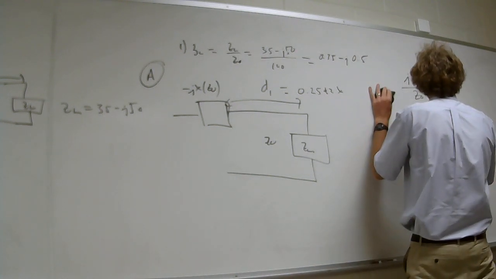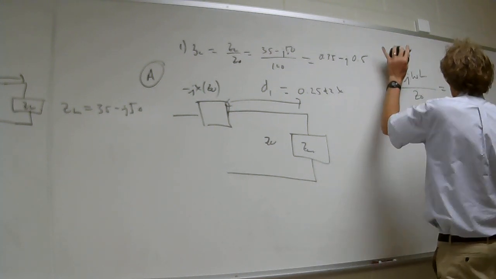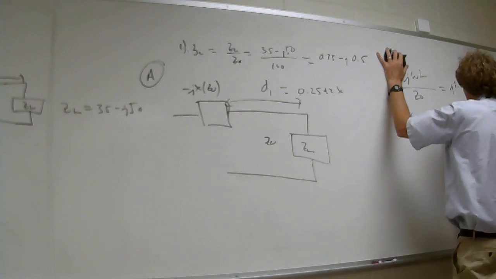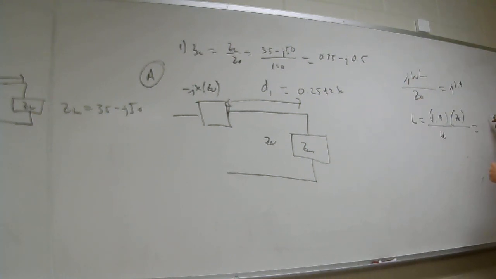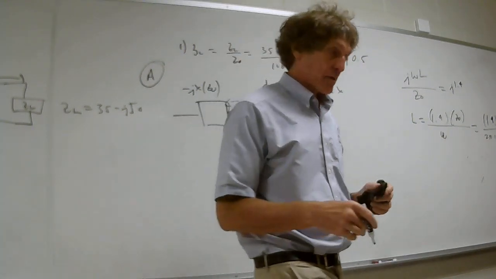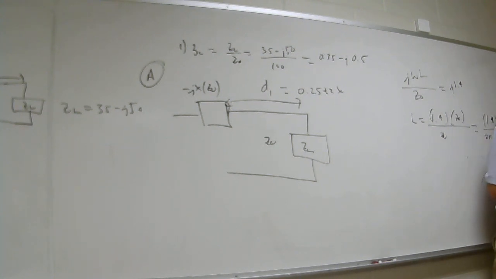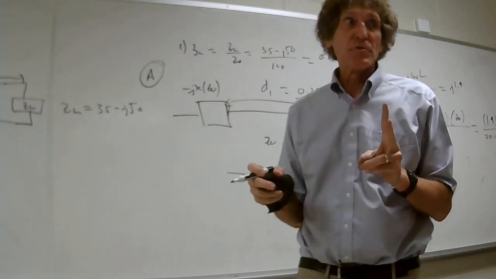L is equal to 1.4 times Z naught, right? And it's divided by omega. So for ours, it's 1.4 times 100 divided by 2 pi times 10 to the 9th. Give me that answer if you don't mind. That's inductance. I got 22.3 nanohenries. Is that right, class? Nanohenries. All right, those are the two possible ways to do it with a series element.